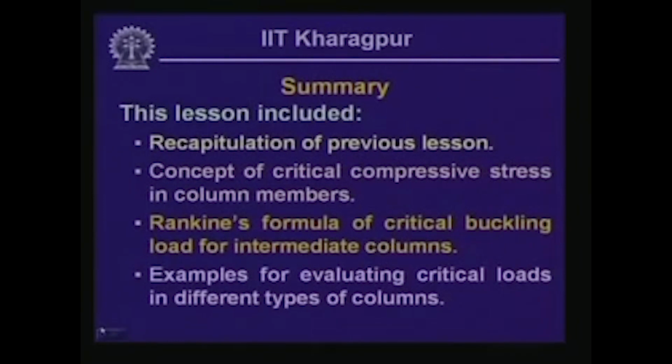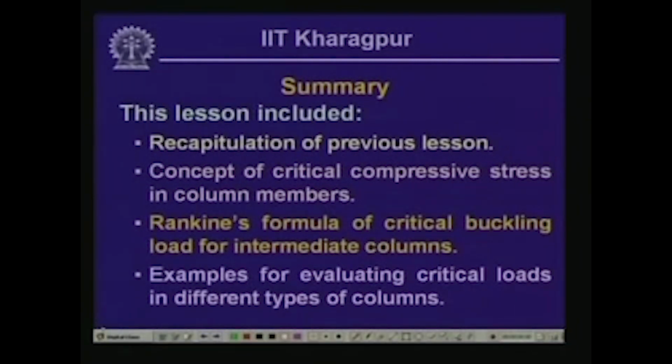Well, then to summarize, in this particular lesson we have looked into some aspects of the previous lesson. As we have seen in the previous lesson, we discussed the Euler's critical buckling load formula, and in this lesson we have seen the limitations of Euler's critical buckling load formula, and also the different values of k, which we have termed the coefficient of the effective length, for different support conditions of the member, which are either 1 or 2 or 0.7 or 0.5, depending on the different support conditions.